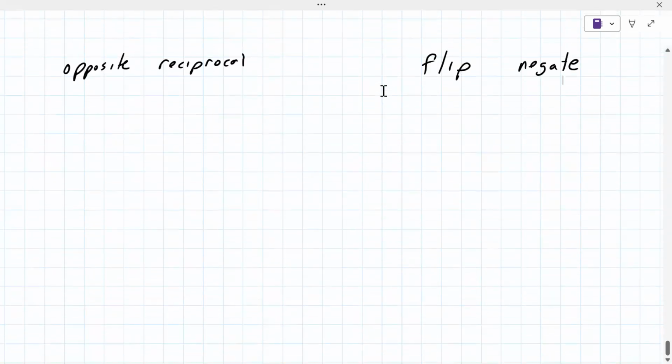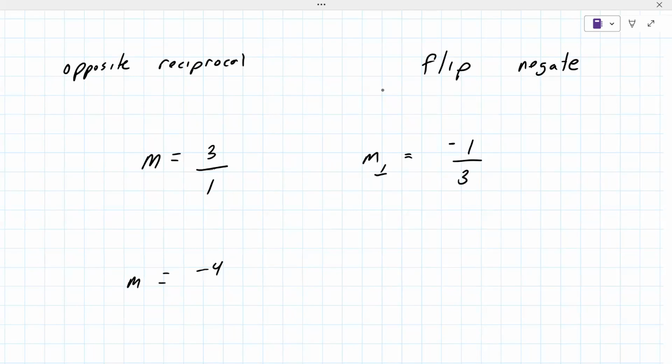And that's all well and good until you get to, what do you do with a whole number? Like, let's say the slope is 3. Well, you have to write 3 as a fraction, which is 3/1. So the perpendicular would be 1/3 negated. And what if the slope is -4? Well, again, you have to write it as a fraction.